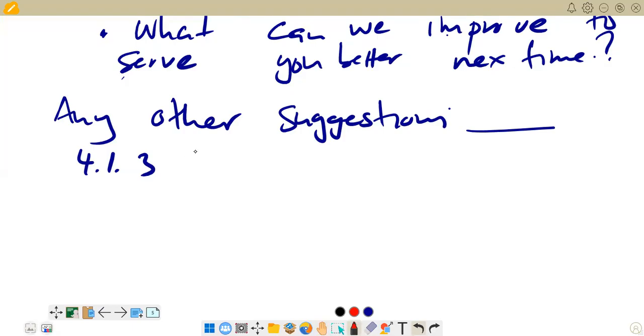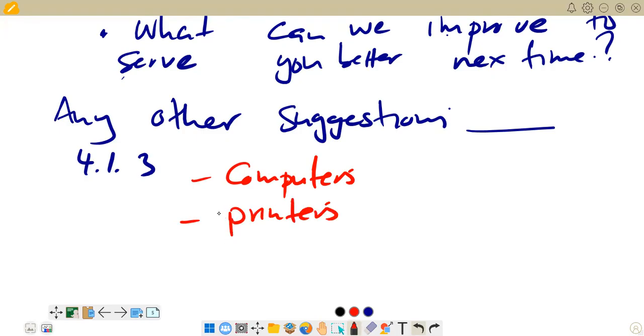So we are saying computers can be one of them. It's one of the examples of equipment. Obviously, we need some printers. We need some cabinets, maybe for filing. We can need a photocopier.